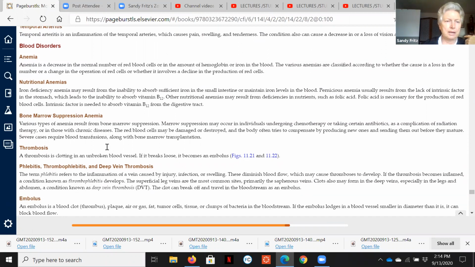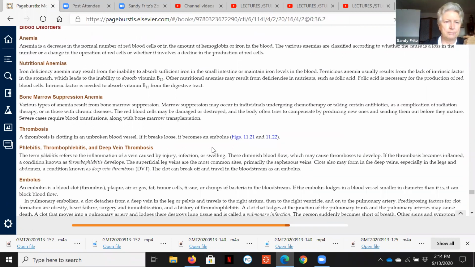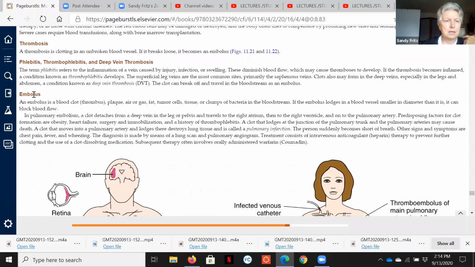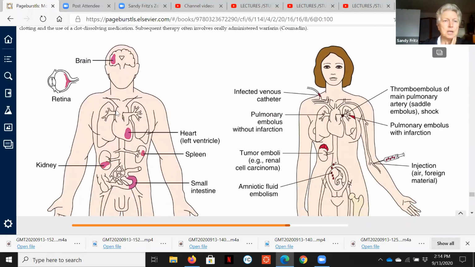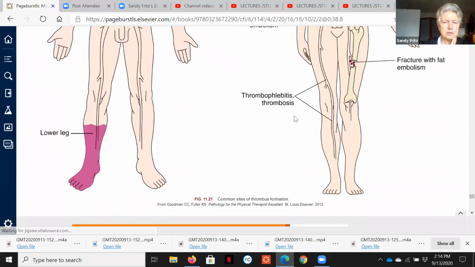You can have inflammation in the arteries, or phlebitis, in the veins, I mean. You can have an embolism, which is more in the heart, in the lungs. And these are areas where these things can occur.